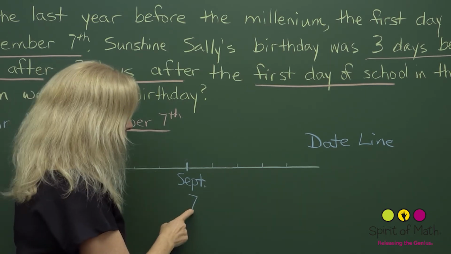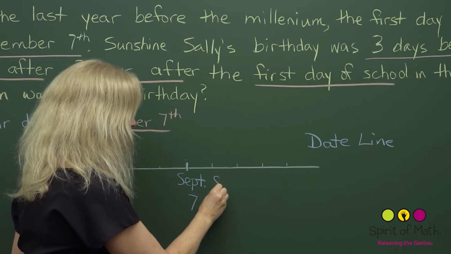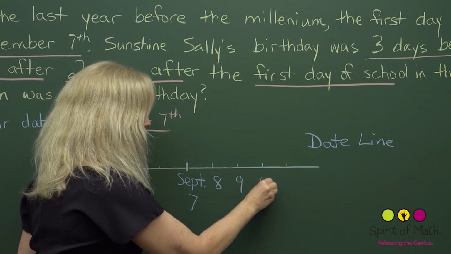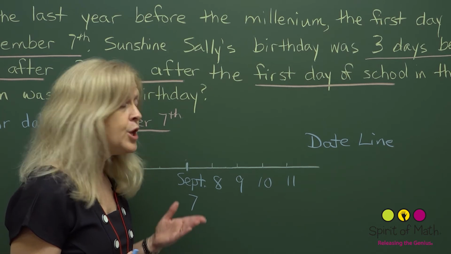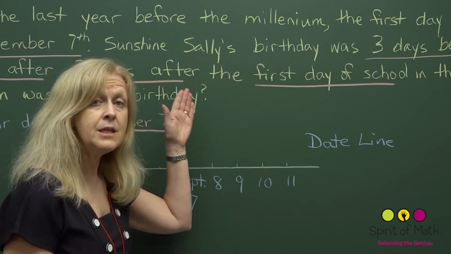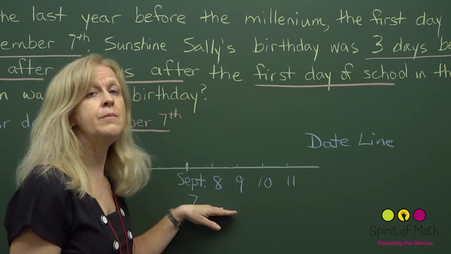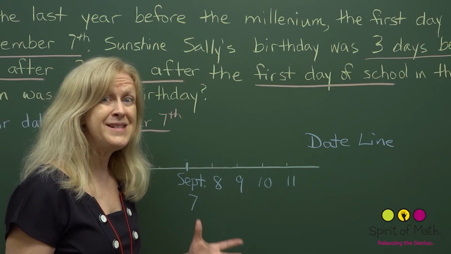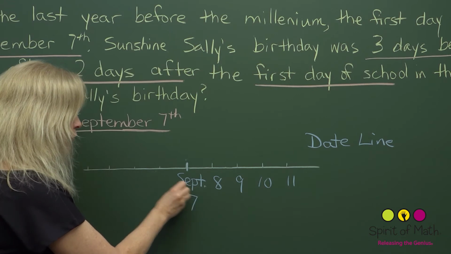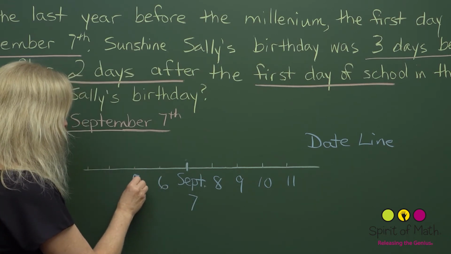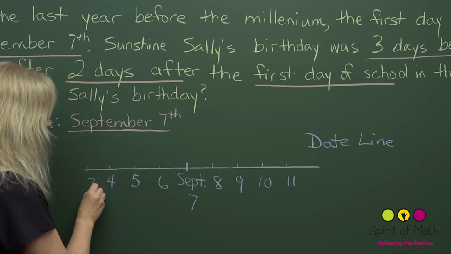So if this is September the 7th, the next one would be 8, then 9, then 10, and 11. And you can do that very quickly and easily. Notice I'm not using anything in this question yet. I'm just setting myself up so that I can be successful and I can figure out what to do. Now, before 7 comes 6, and then 5, and 4, and 3.